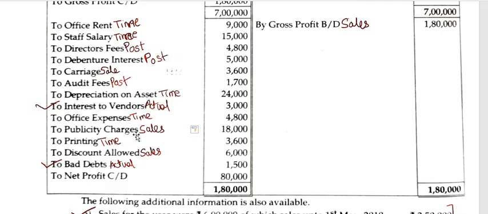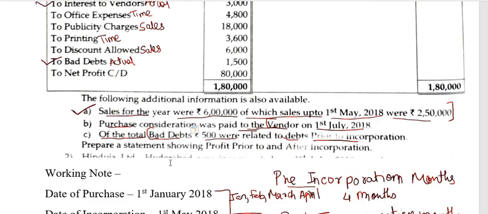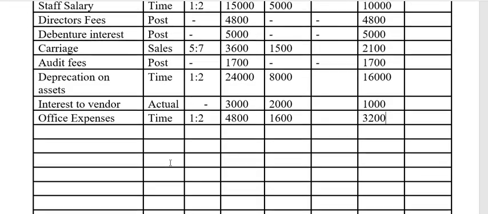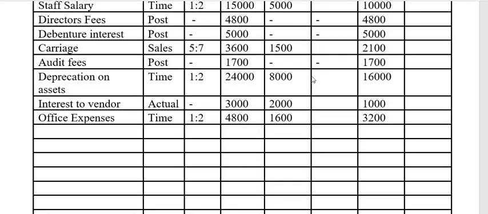After office expenses, we have publicity charges. Publicity charges is to be distributed on the basis of sales, and publicity charges amount is 18,000. Sales ratio is 5:7.